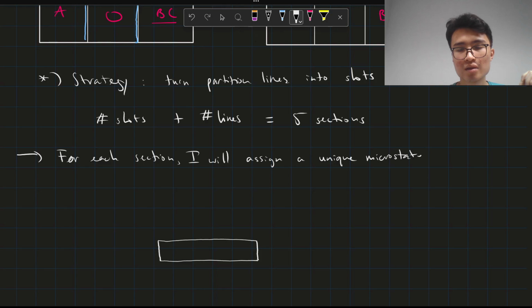It's like if I have a section function s of q, I can assign for every s of q a unique microstate, right? A unique microstate.